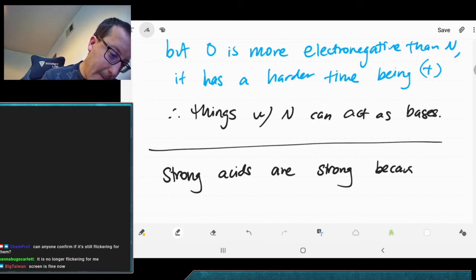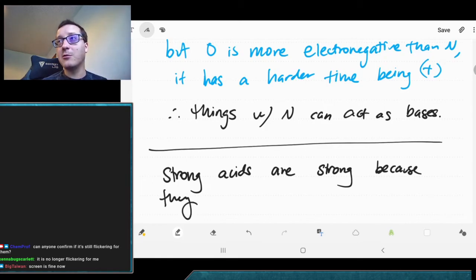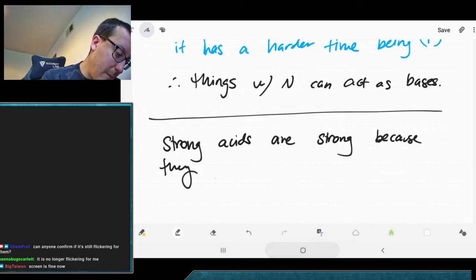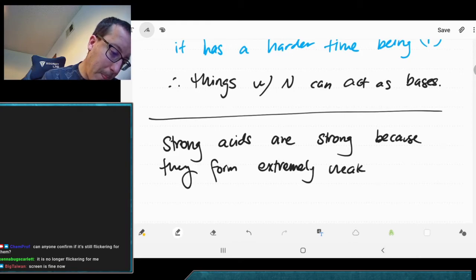We're going to see that the reason that we had those 6 strong acids that we talked about in the solutions chapter, which we'll go over again, is that they form extremely weak conjugate bases.